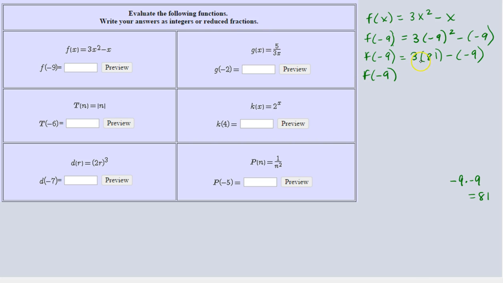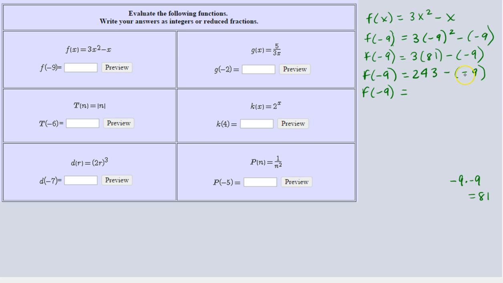Now we have multiplication between 3 and 81 and subtraction. So we do multiplication first in the order of operations. So 3 times 81 is 243 minus negative 9. And finally, we'll do the subtraction.